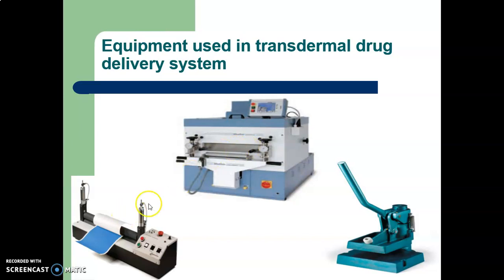After drying, this backing membrane containing adhesive solution is laminated using this type of laminator. It is similar to making the lamination of our mark sheet. It is a similar type of process. After lamination, these are cut into the suitable size by using the die and die cutters.